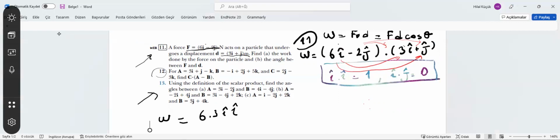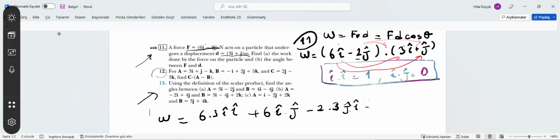Then plus 6I multiply Z. I will continue with minus 2Z multiply 3I, and minus 2Z multiply Z.